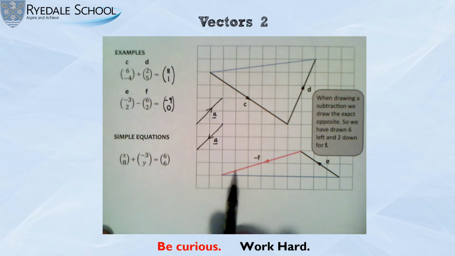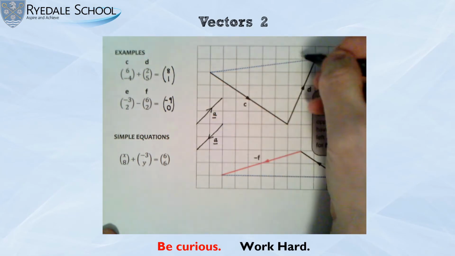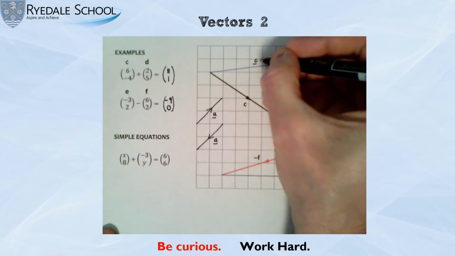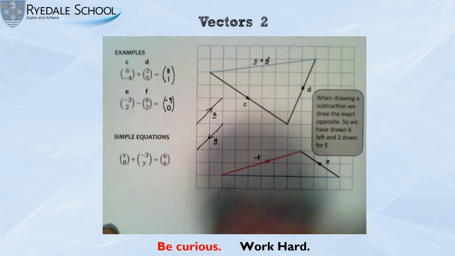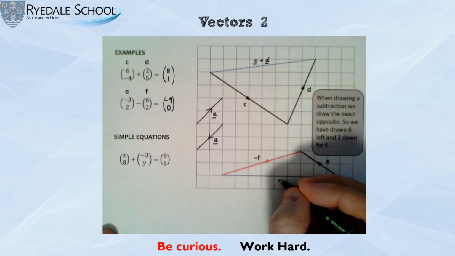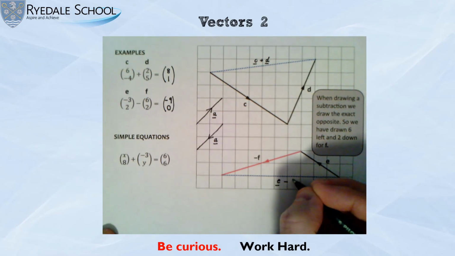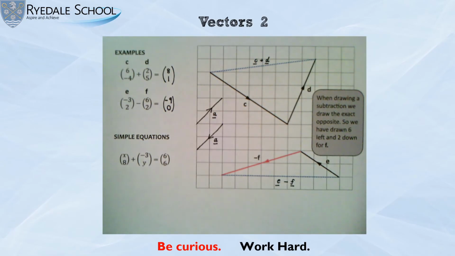So yes, it is negative 9 from E to F. I could even label these as C plus D. And I could label this one, the resultant, as E take away F. Now sometimes you need to be a little bit careful when you're subtracting a column vector, because you might end up subtracting a negative number, and then the usual rules of maths kick in, that if you are subtracting negative numbers, that is equivalent to adding.